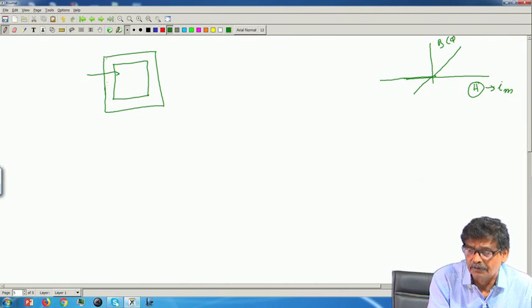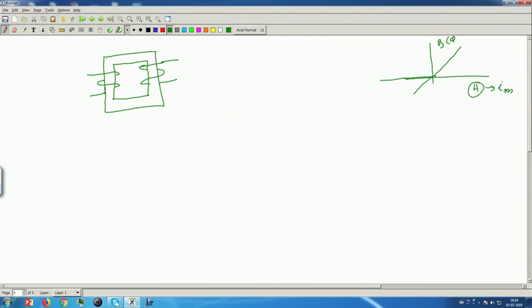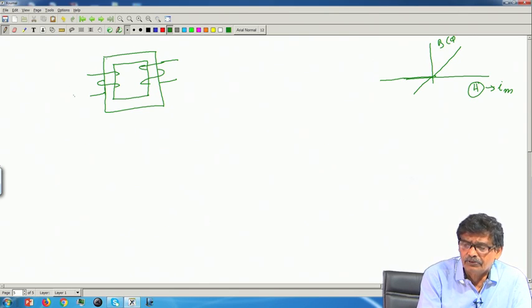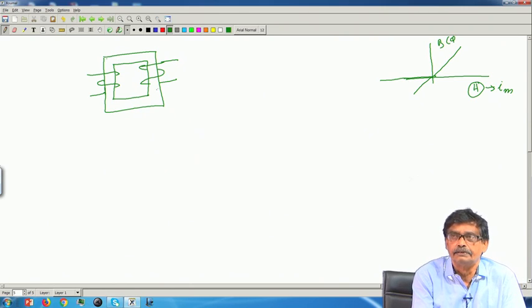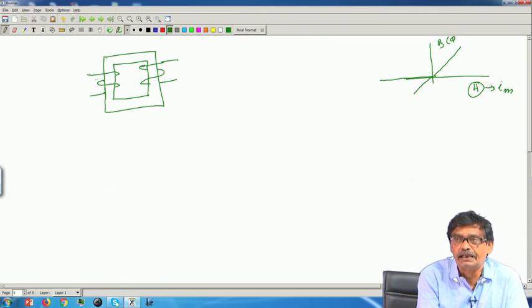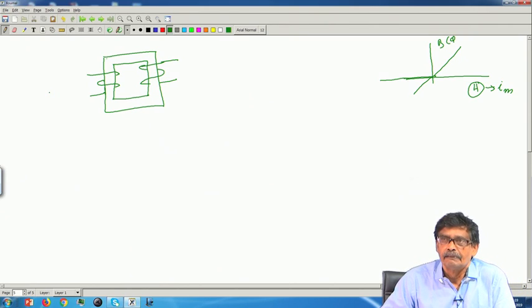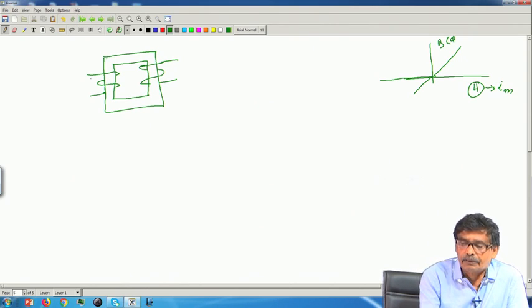Suppose we have a single phase transformer. What I told you is that you apply a sinusoidal voltage, and a sinusoidal flux is guaranteed, because it has to satisfy the KVL equation there, and your supply side is a sinusoidal voltage.